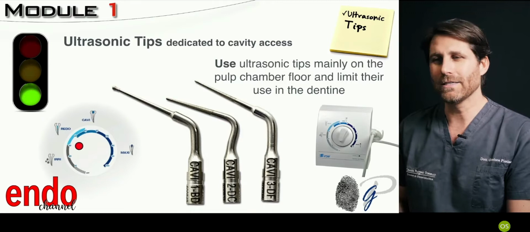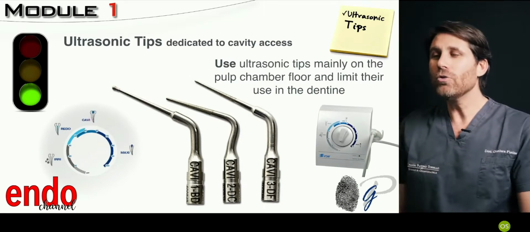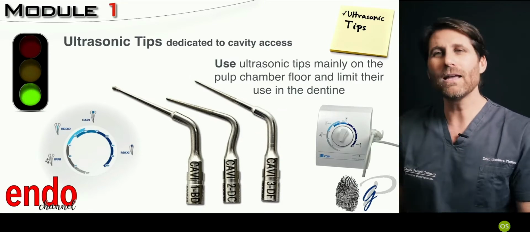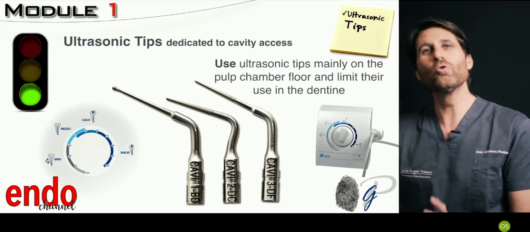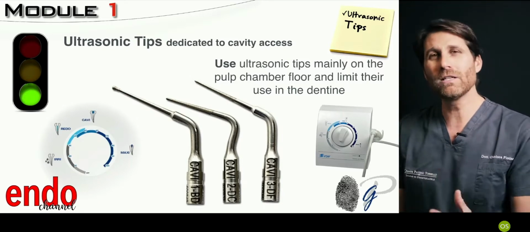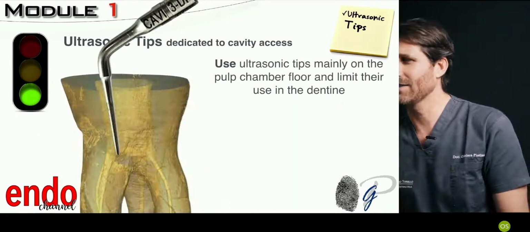Look, Cavi has the specific power in blue, but I like to use these ultrasonic tips only on the pulp chamber floor, limiting their use on dentin just to look for root canals, so they will be the object of the next step, orifice location, not for refining the access cavity.